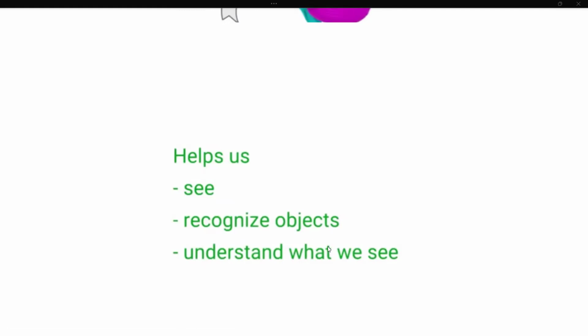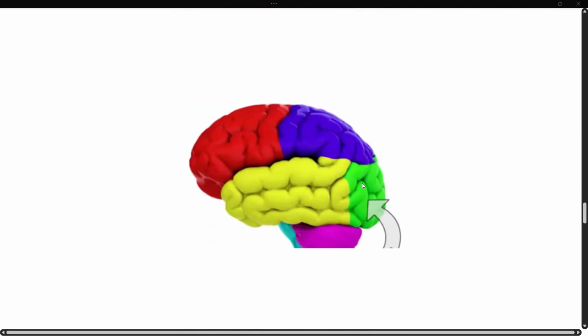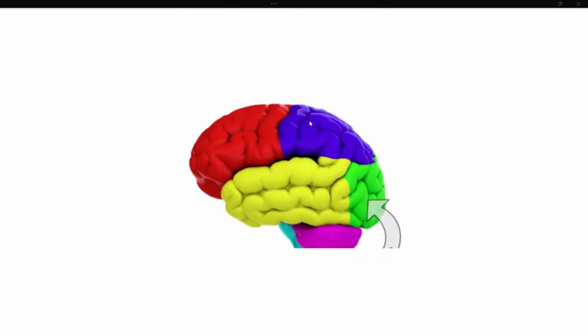Which part are we talking about? What's this one? Frontal, parietal, temporal, almost there. Yes, the occipital lobe. Perfect. So how many lobes again?